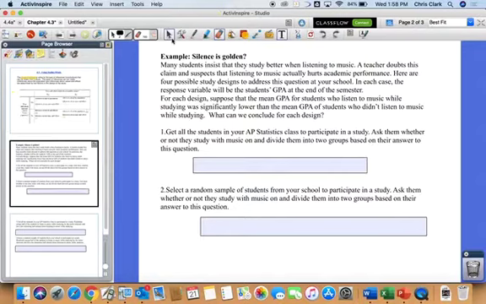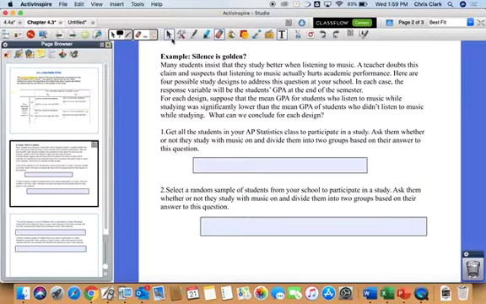So the first study design, we get all the students in your AP statistics class to participate in a study. Ask them whether or not they study with music on and divide them into the 2 groups based off of the answer to the question. What can we infer from this study design? What's our population, first of all? The school.